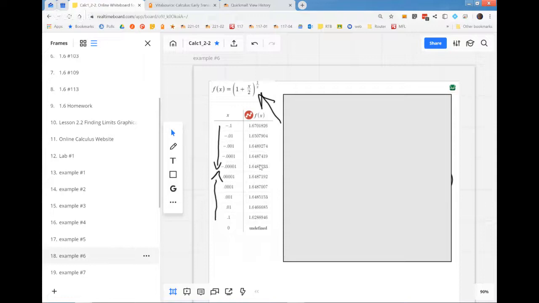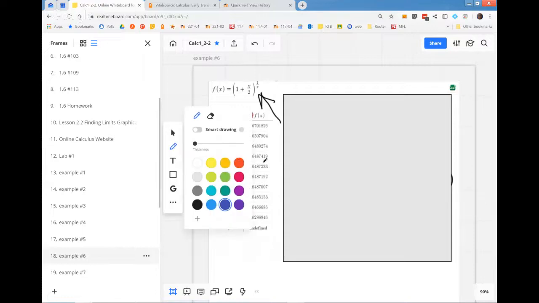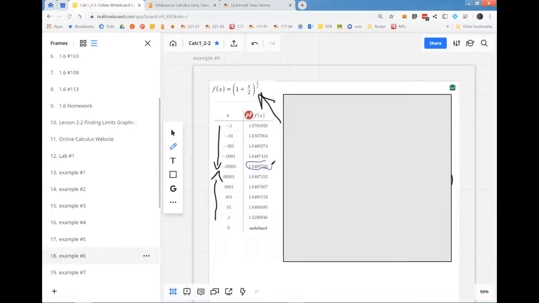Looks like we're approaching this 1.64 thing. And when x is approaching 0 on the positive side, again, it seems like we're approaching something about 1.65. Okay, so what's going on here?